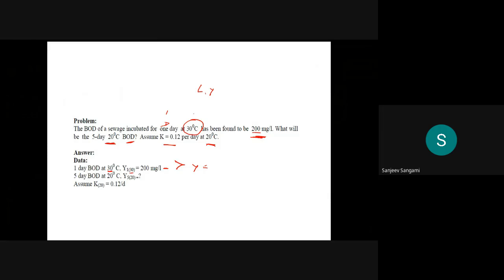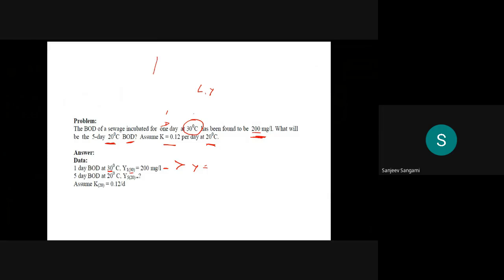It is exerting 200 milligram per liter. Means if I keep it for 1 day, the BOD will be 200 milligram per liter. If I keep it for the second day, the DO will go on decreasing, so the BOD value will go on increasing.